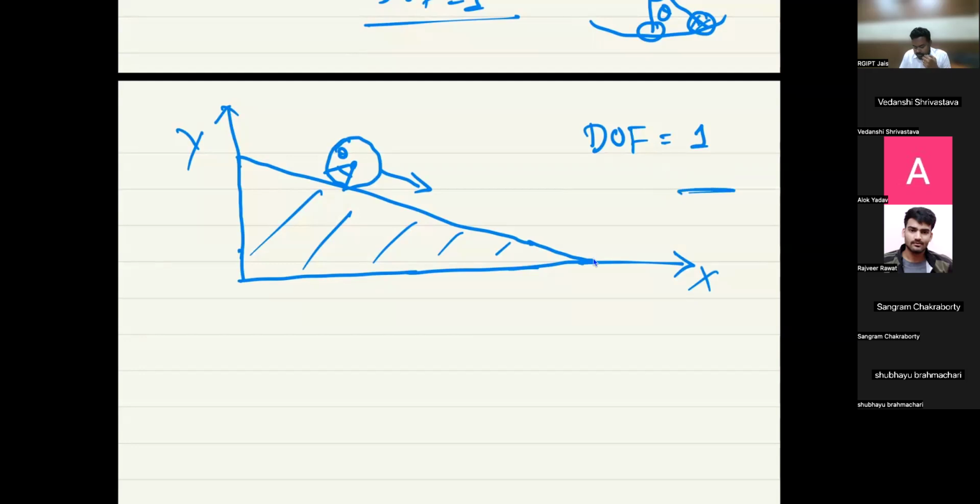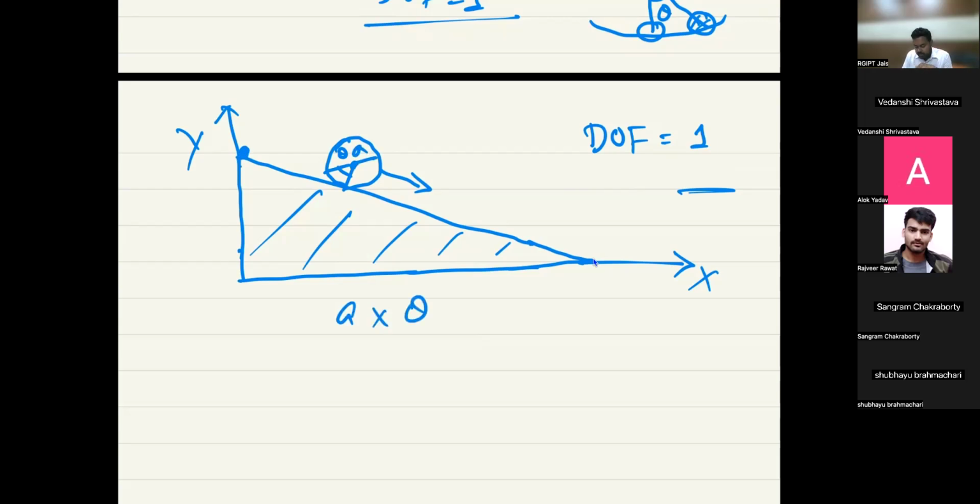It will have 1 degree of freedom because, let's say this started from this point, the top of this inclined plane. If you know the angle theta, then you can tell the position. Let's say its radius is a. If you know the angle and the radius of this coin or cylinder, then by multiplying a with theta, you can tell how far it has moved.